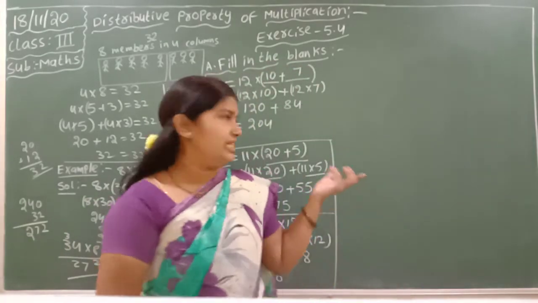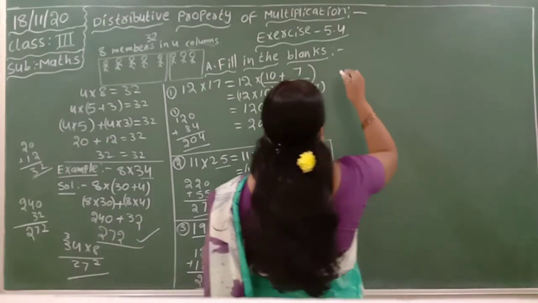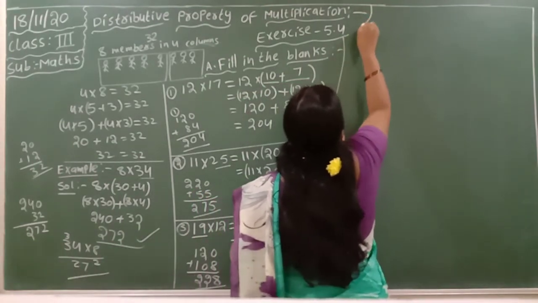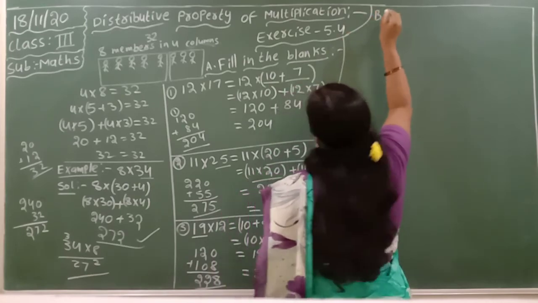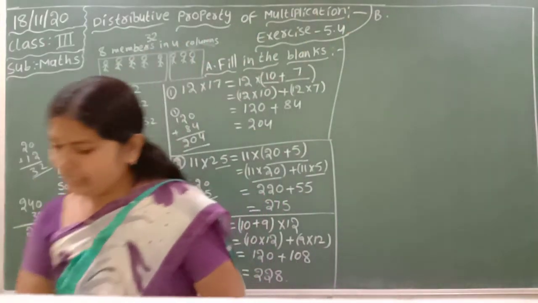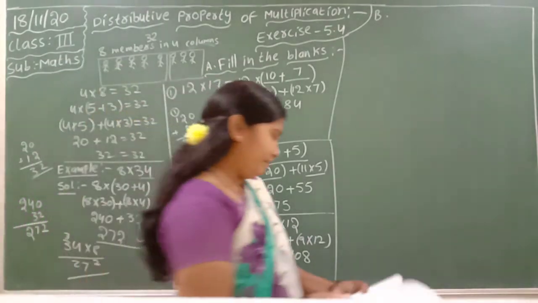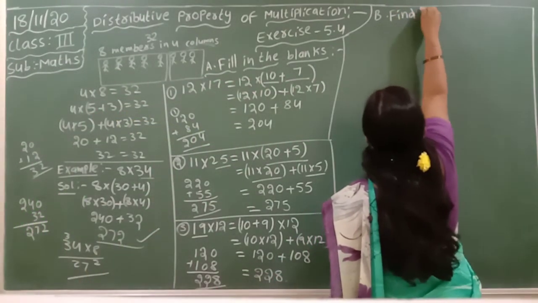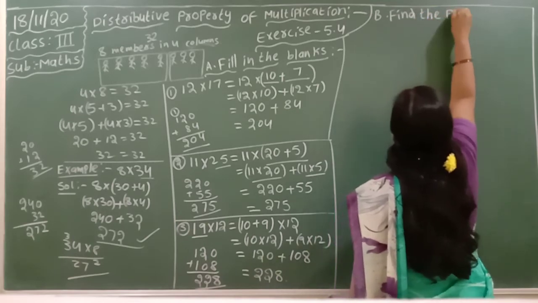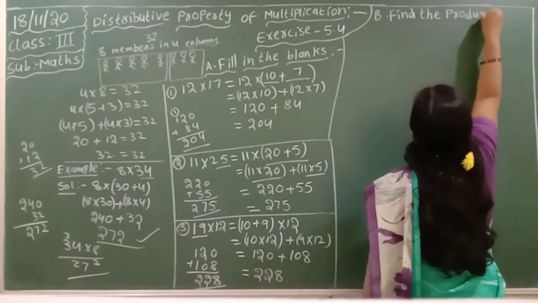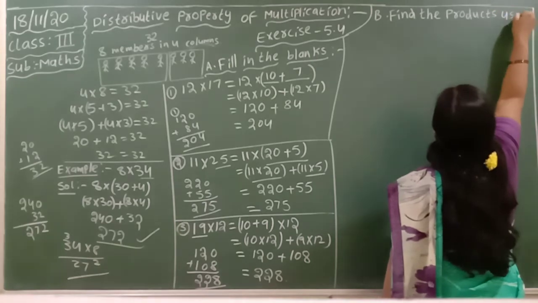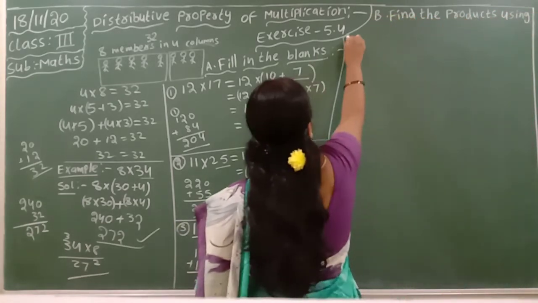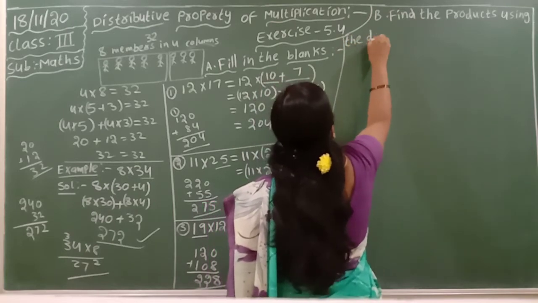Okay, same like this, there is a B bit. That is, find the products using the distributive property.